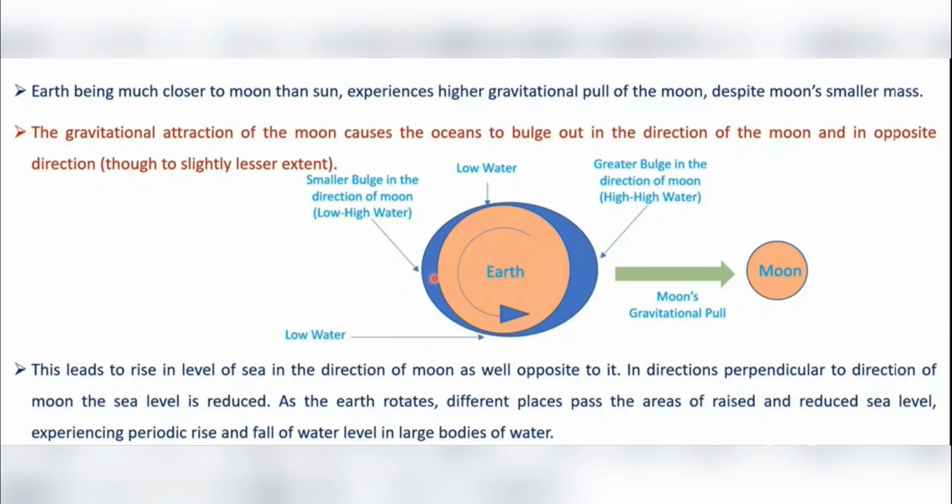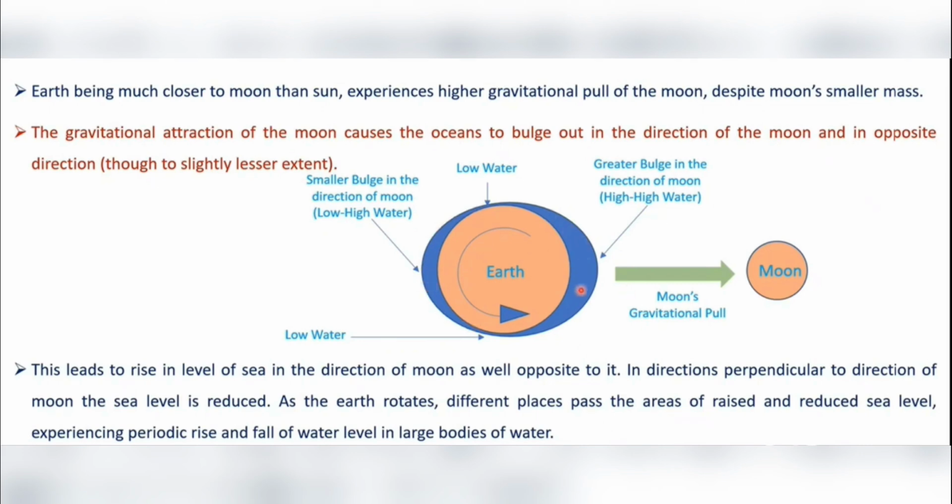Now why there is bulging in the opposite direction is very simple to understand. We can divide this entire mass into 3 components. One is the mass of the water on the side of the moon. Second is the mass of this solid part of the earth, and the third is the mass of the water in the opposite direction of the moon.